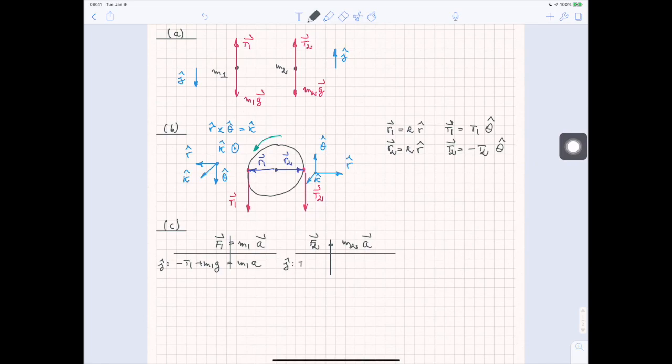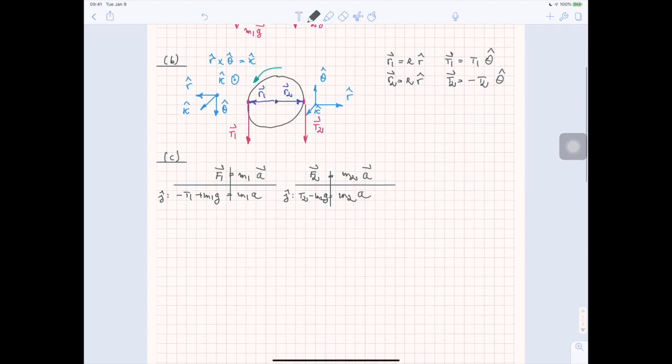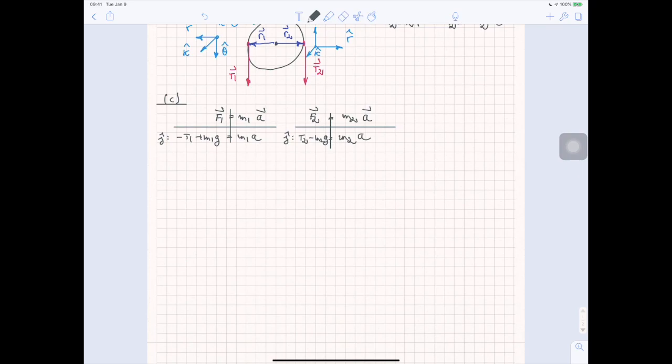So we have T2 minus m2g equals m2a. Let me rewrite this a little bit. We have m1g minus T1 equals m1a. And here we have minus m2g plus T2 equals m2a. Let's call these equation 1 and equation 2.